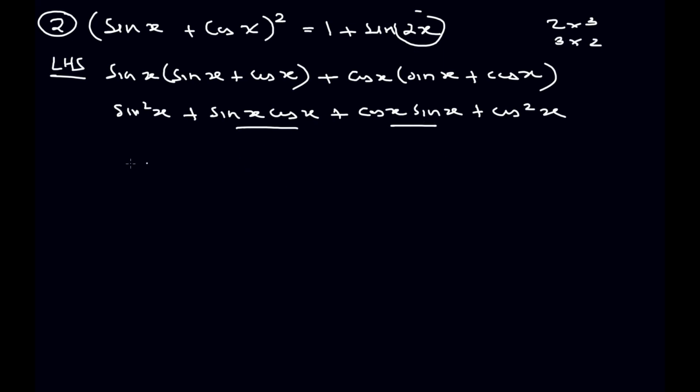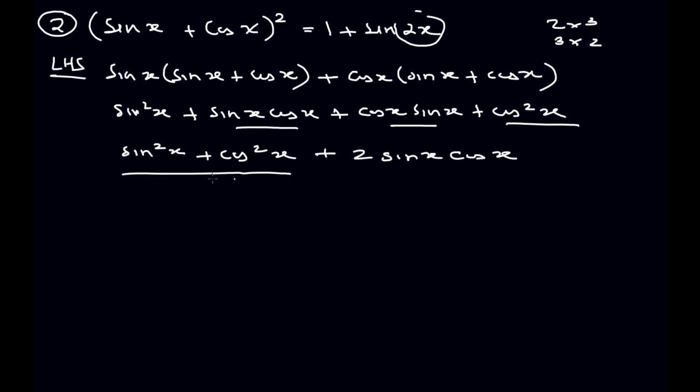So here we have a chance to add, so I'll do sine squared x. I'm not doing anything with this, so I can bring it this side, cos squared x. Then these two I can add them, then I get 2 sine x cos x. Now you remember our basic identities. That's why it's very important to remember the patterns. So this is, we say that this plus that gives us a 1, right? So this is 1.